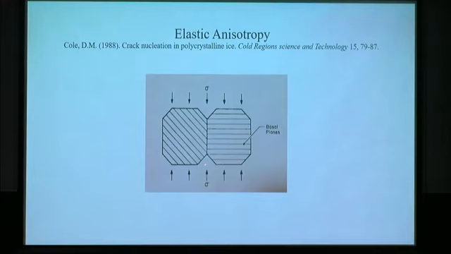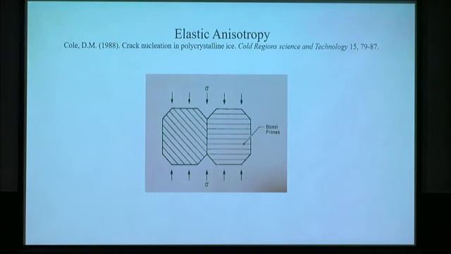This single crystal and that single crystal are going to deform differently, because the elastic property is not isotropic. I think his model is based on a strain energy calculation, the strain energy stored in this grain versus that grain, and the difference causes crack nucleation on the boundary line between these two grains.